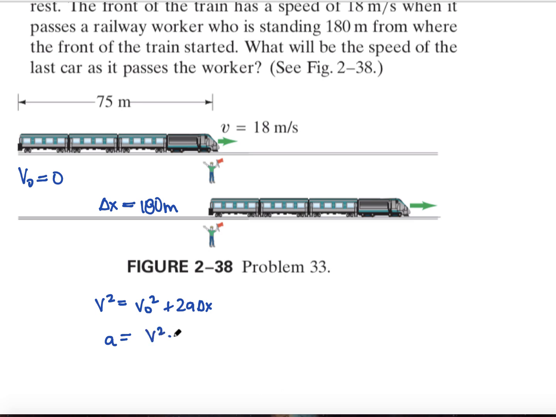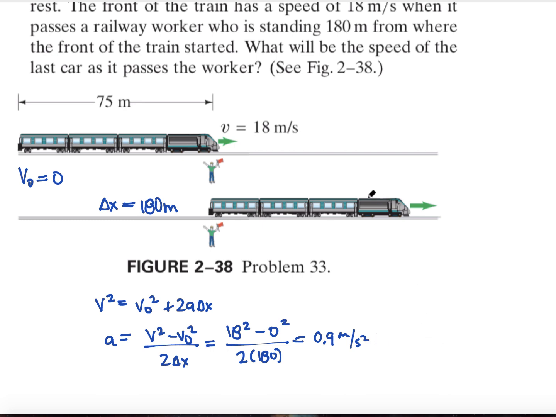And I have v squared minus v naught squared over 2 delta x. I'll just go ahead and substitute in here. I have my v final, which is 18. Don't forget to square, over, minus 0 squared, all over 2 times 180. So the acceleration of my car ends up being only 0.9 meters per second squared.